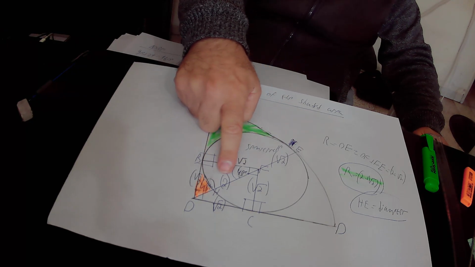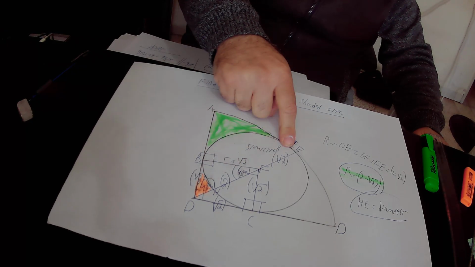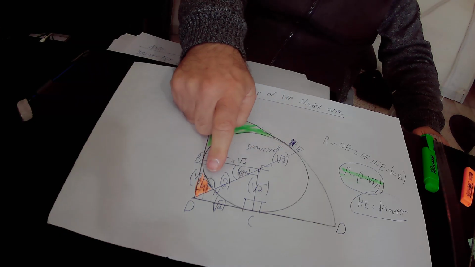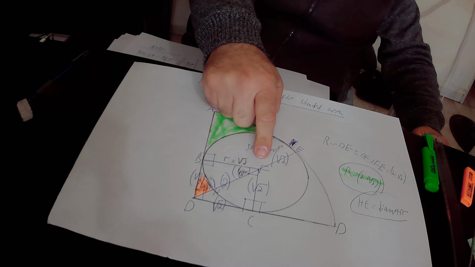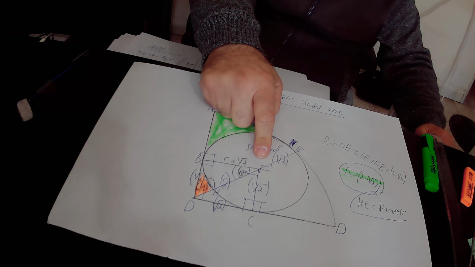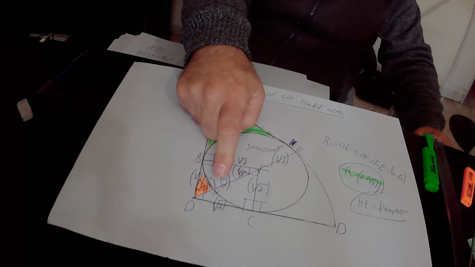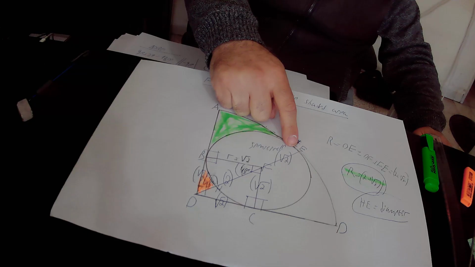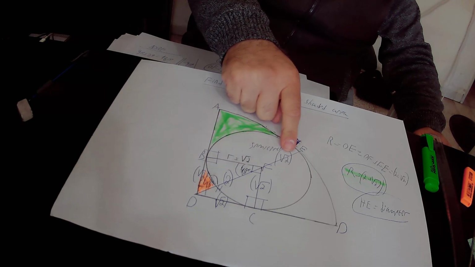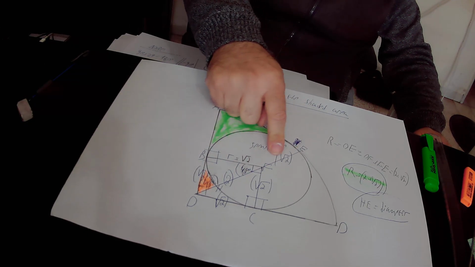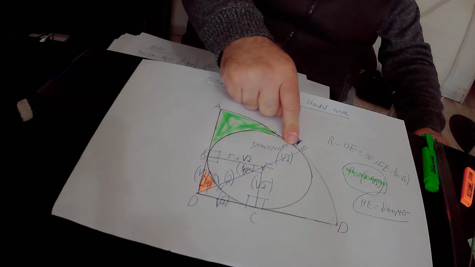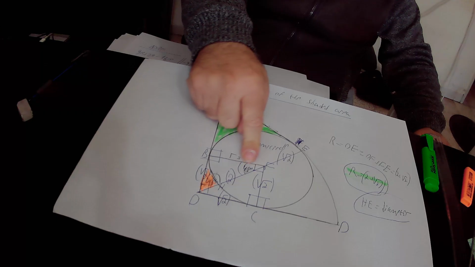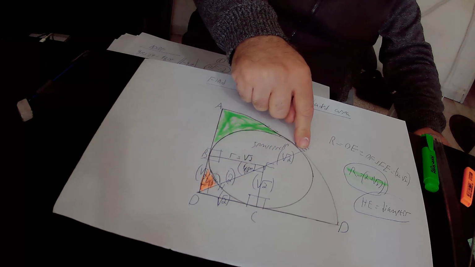So HE is a chord inside this small circle. It is a chord that passes through point F, that is the center of this small circle. And any chord that passes through the center of a circle must be the diameter of the circle. Therefore, HE is the diameter of the circle.